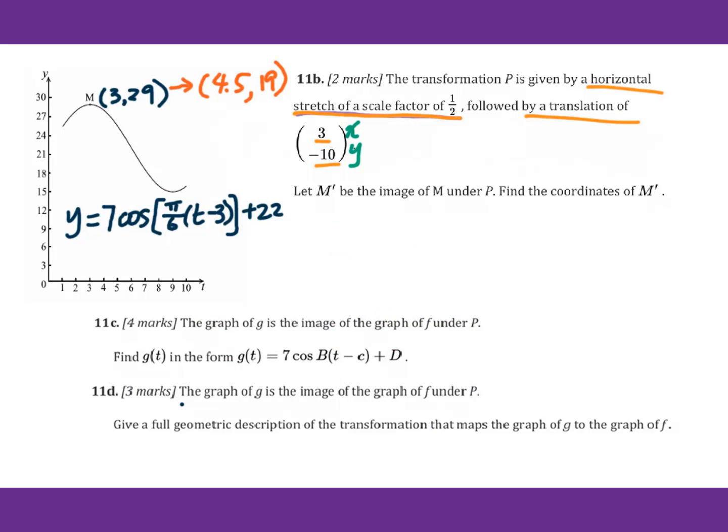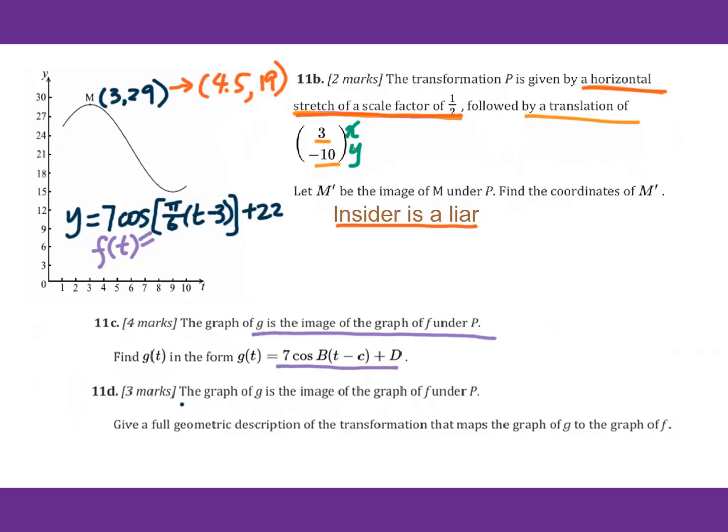For 11c, the graph of g is the image of the graph of f under P. This is f of t. Find g of t in the form g of t equals this format. We will figure out the new function according to this transformation. When you write down the new function after transformation, remember inside is a liar. So we have a horizontal stretch of a scale factor of 1/2.